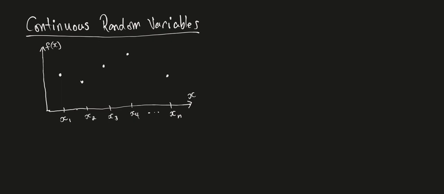So if every value of x here has a probability, then instead of just a few isolated dots, now it could be many, because your n could be very big, but they would still be isolated. But now, if our random variable is continuous, let's see what this picture would look like. I'd still put my little f of x on the vertical axis.